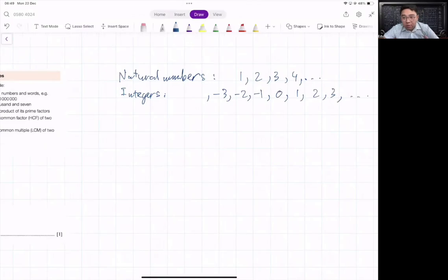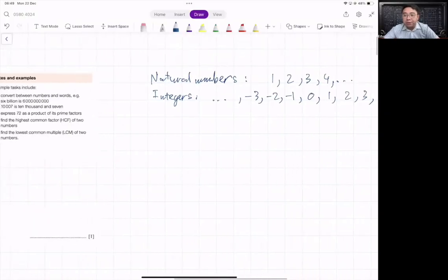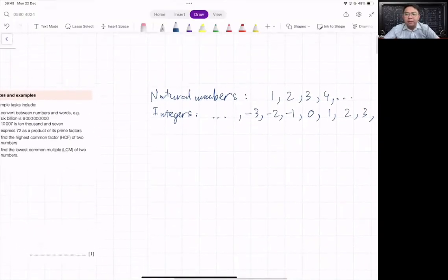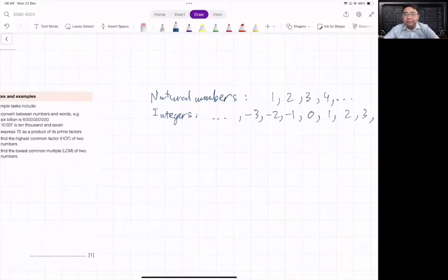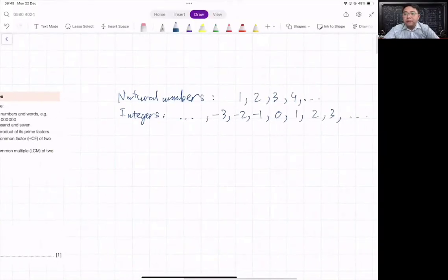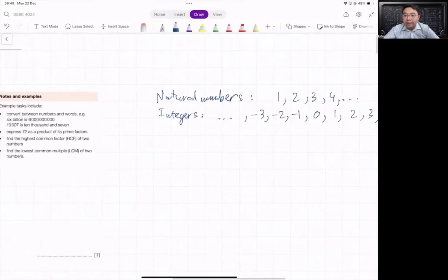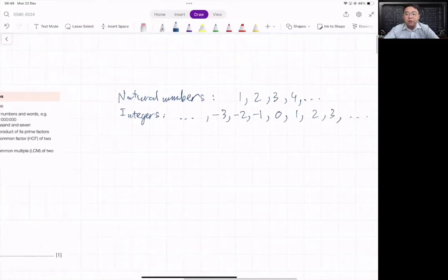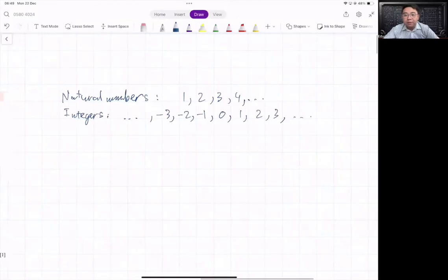And before -3, you also have -4, -5, so on and so forth. All right, so those are integers. So natural numbers, or sometimes they can say positive integers, or even non-zero non-negative integers, it's going to be kind of like natural numbers. All right.